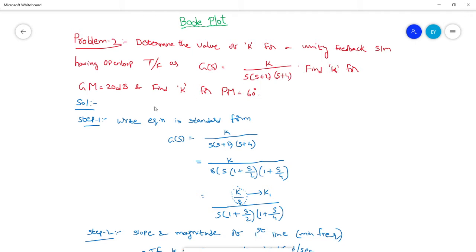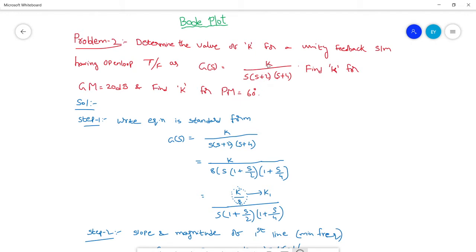Find the k for gain margin equal to 20 dB and find the k value for phase margin of 60 degrees, right? So here the transfer function is given with unknown k.